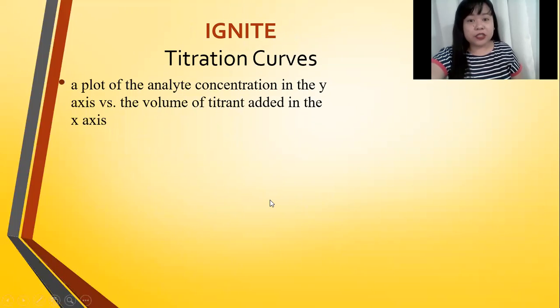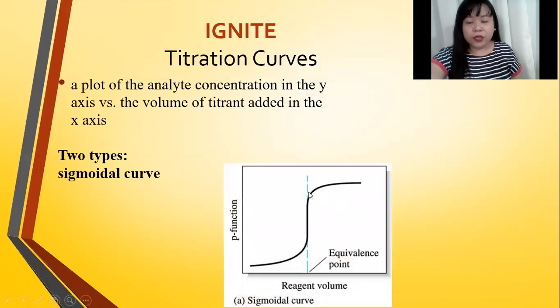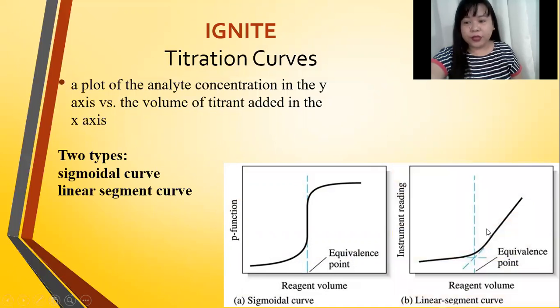Moving on to titration curves. Titration curves are plots of the analyte concentration in the y-axis versus volume of the titrant added in the x-axis. There are two types, a sigmoidal curve looking like this and a linear segment curve looking like this.